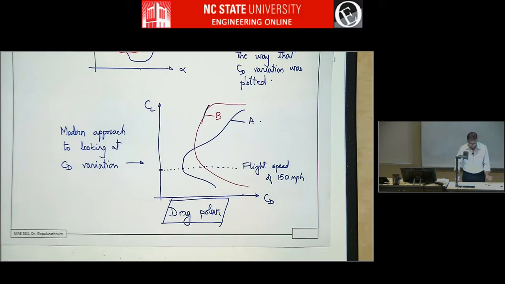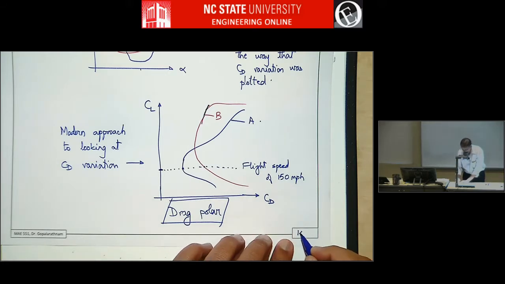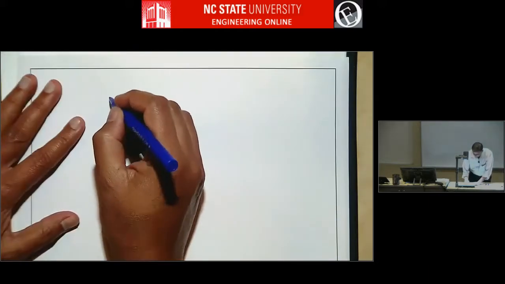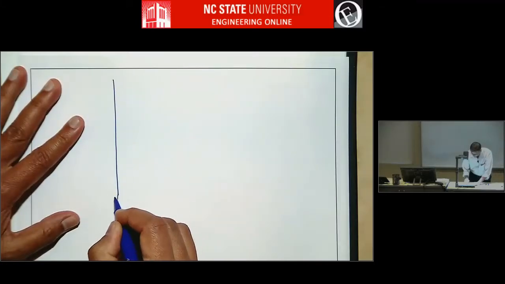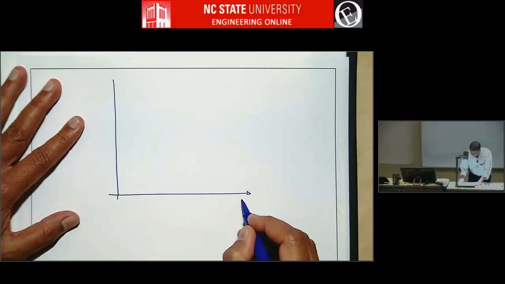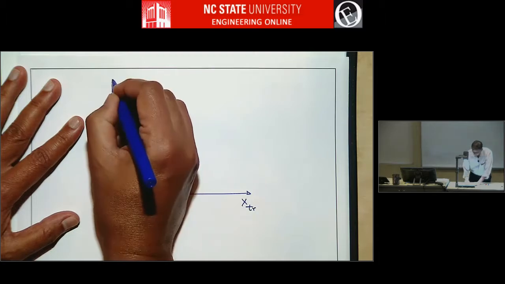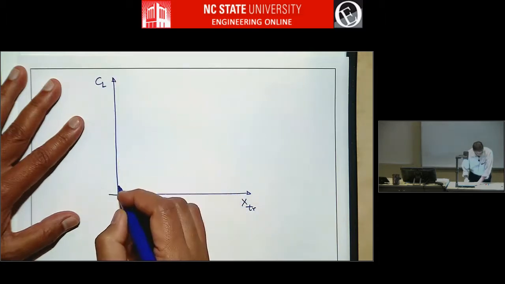Okay, so the rest of it, the lift curve, everybody knows what that means. Let's look at the transition curve. So the transition curve looks like this. We have X transition and CL here.